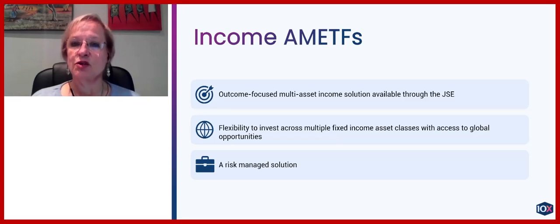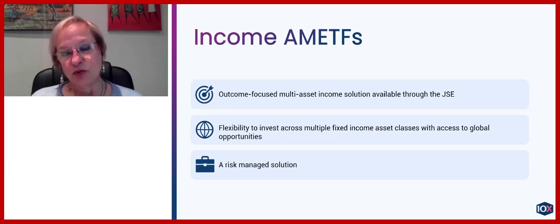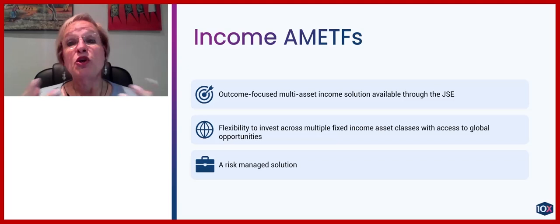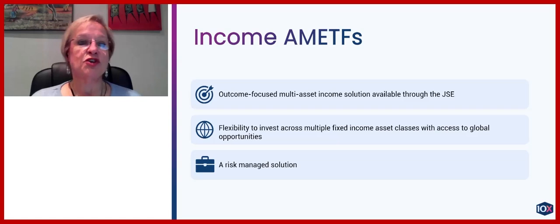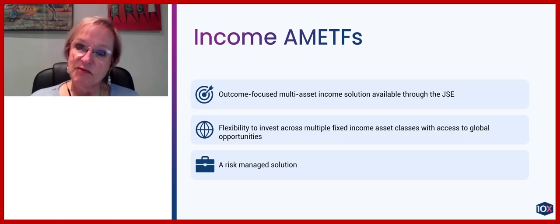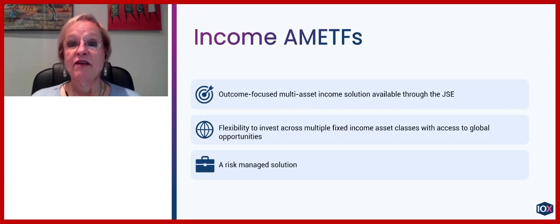So when we're talking about income actively managed ETFs, both Philip and Henk have given us some really good insight in terms of the opportunity set within the fixed income space beyond what would traditionally be captured through things like government bond indices or all bond indices, by looking at alternative sources of credit, perhaps different places on the duration curve and so on. And it really gives the fund manager the ability to capture a lot of this additional benefit in an actively managed fund.